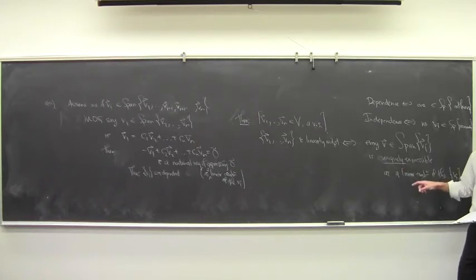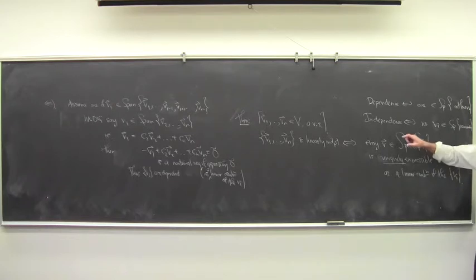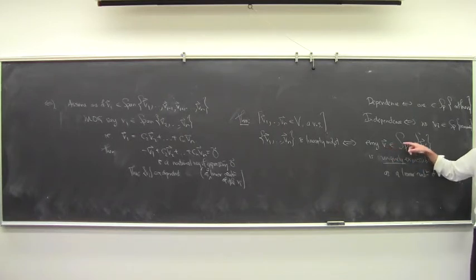Just like we already have the statement that linearly independent means that 0 can be expressed in only one way. What we're saying now is something that seems a little bit stronger, but in fact it's equivalent. That for each vector in the span, it can be expressed in only one way as a linear combination.